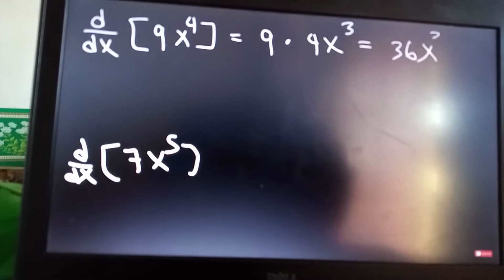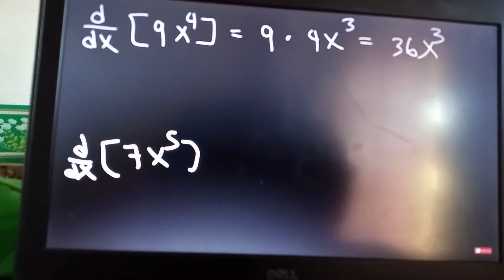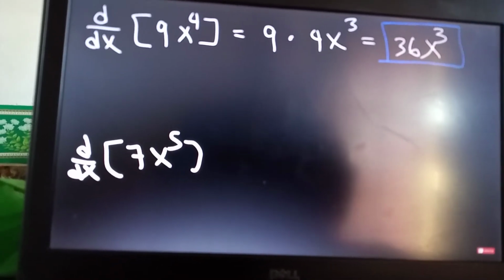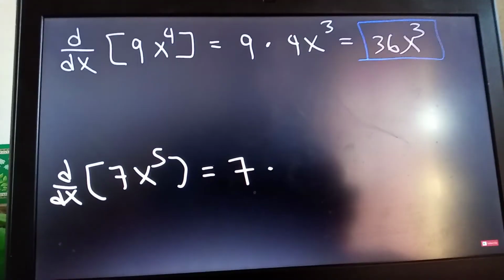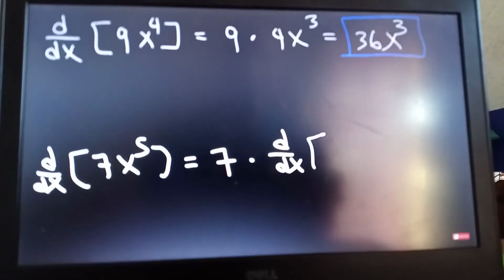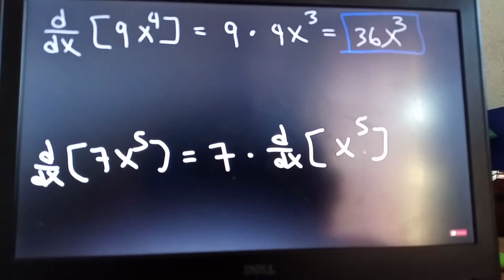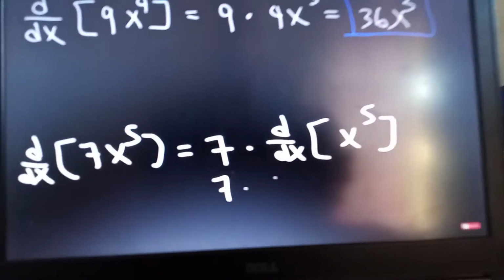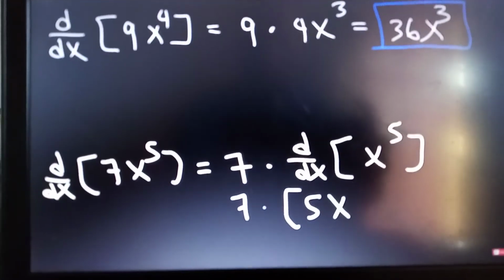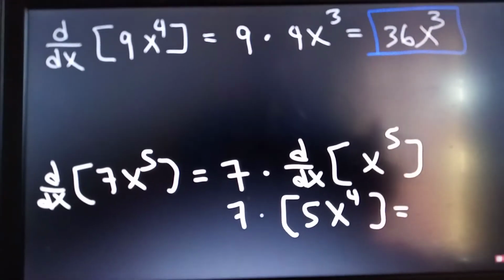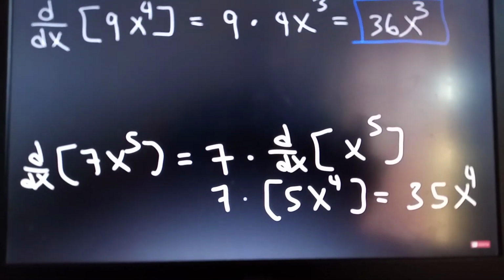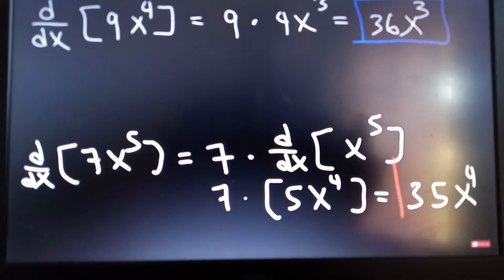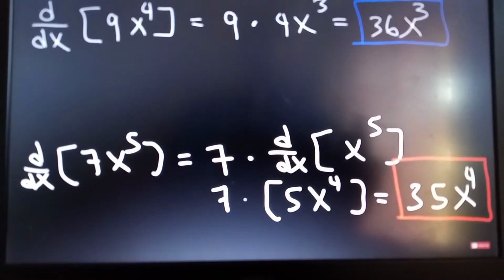So the answer is going to be 36x to the 3rd power. For the next one, it's going to be 7 times the derivative of x to the 5th, which is 5x to the 4th power. And then 7 times 5, that's 35. So you get 35x raised to the 4th power.